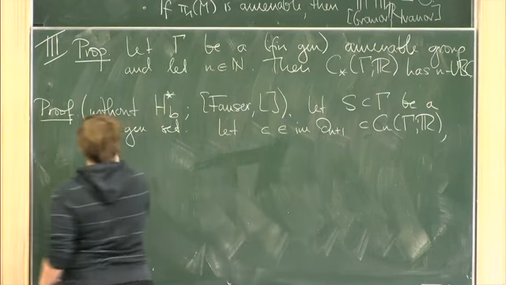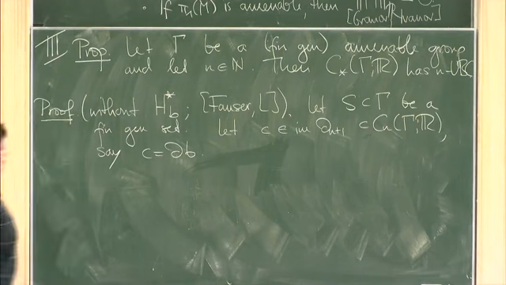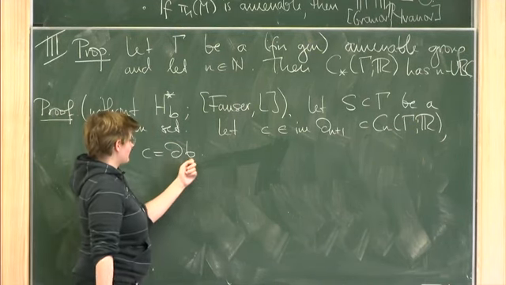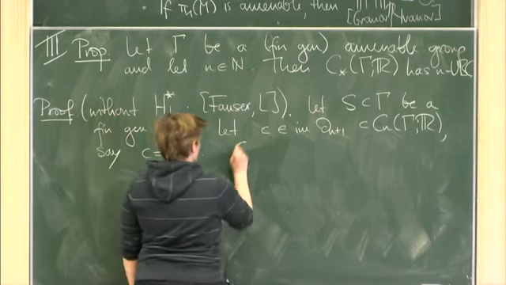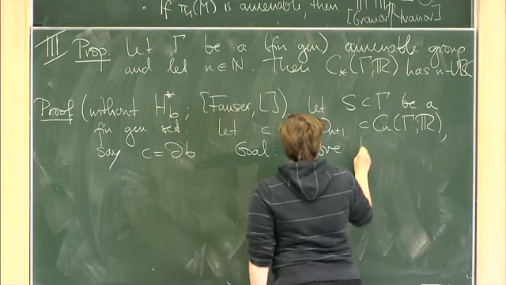Say C is equal to the boundary of B, right? And now what we want to do is modify B so that it has small norm in comparison with C. So the goal is to improve B.